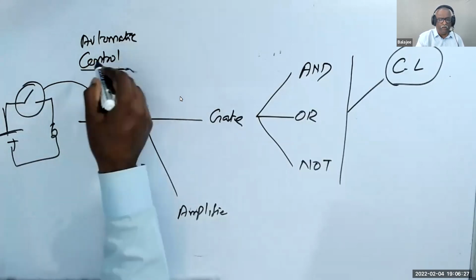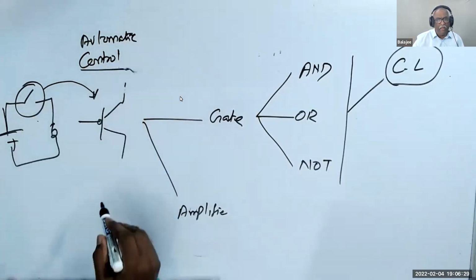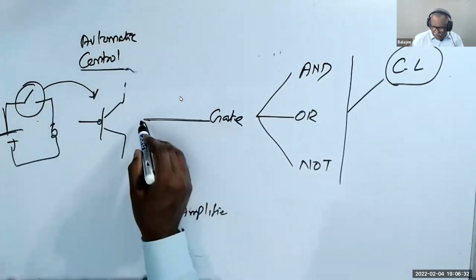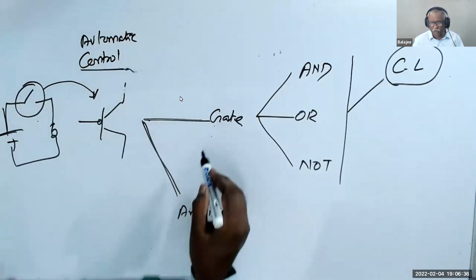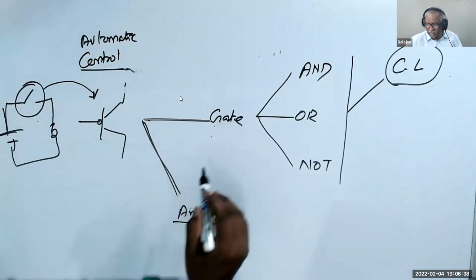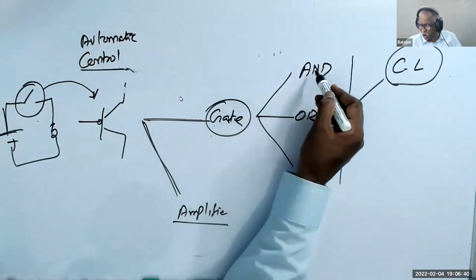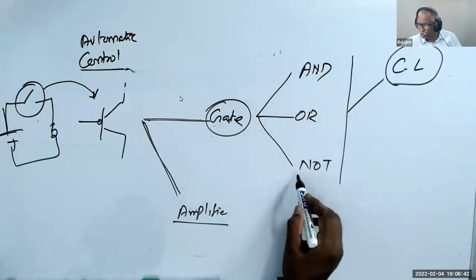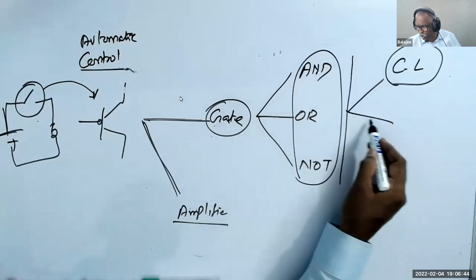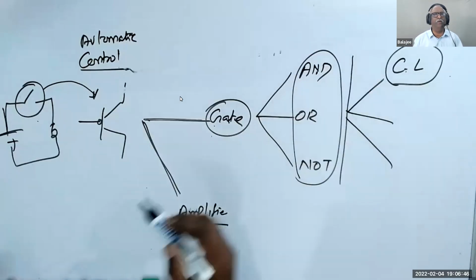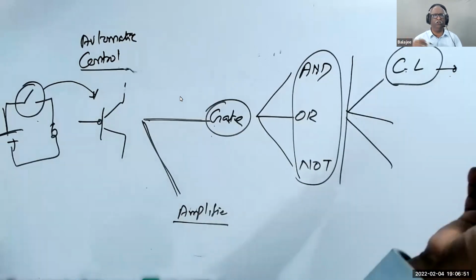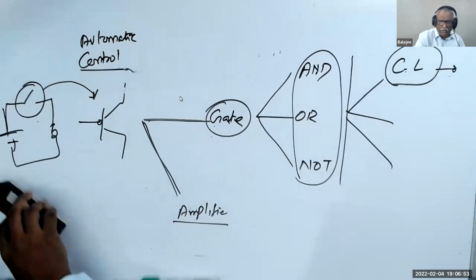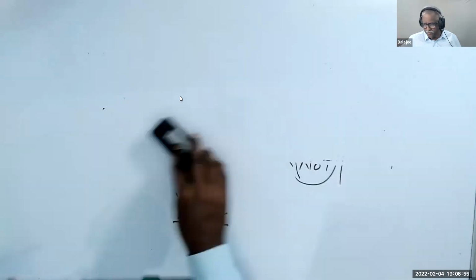So automatic control of electrical is electronics. In electronics there are two portions: one is the gate, which I can use as a switch, and another is the amplifier. The application of the gate is AND, OR, and NOT, and using these I can do many more logics. One of them is combinational logic, and today we are going to discuss the application of combinational logic. So you should know the path, how it came.